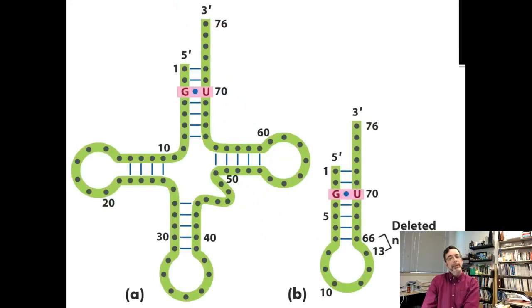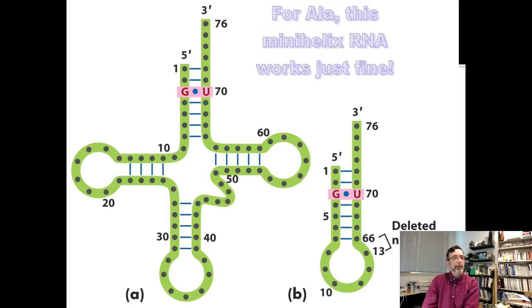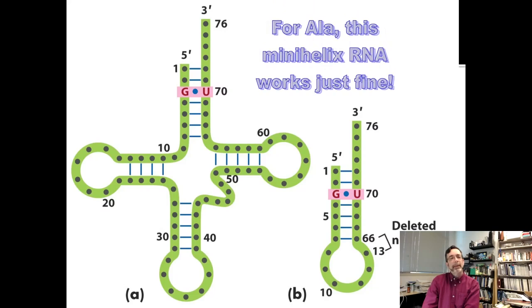If you have just the right binding sites, though, you can make a truncated RNA work. For alanine, they found that this mini helix RNA apparently has what it needs to bind its own enzyme and to charge that up with alanine. I think it's pretty crazy that the rest of it is not doing anything, but apparently that's how this tRNA works.